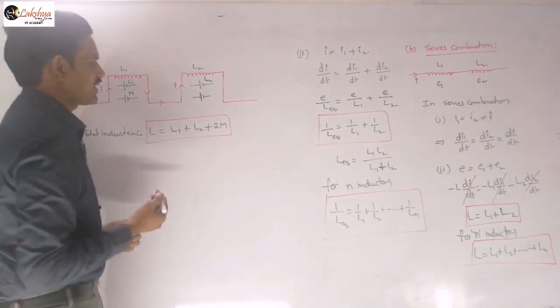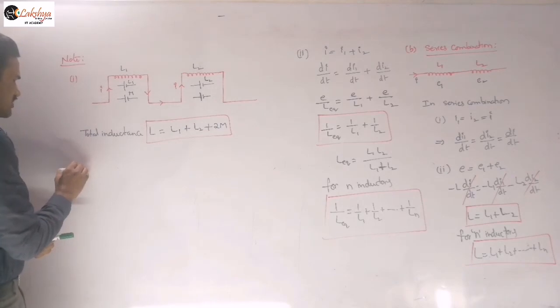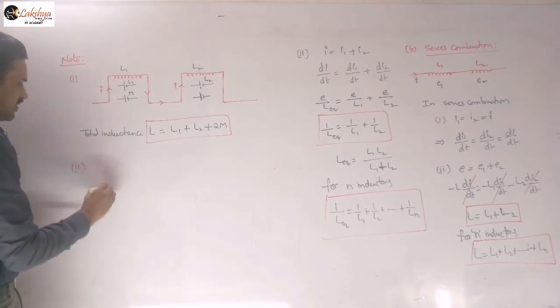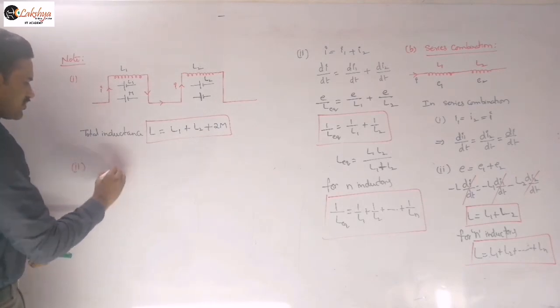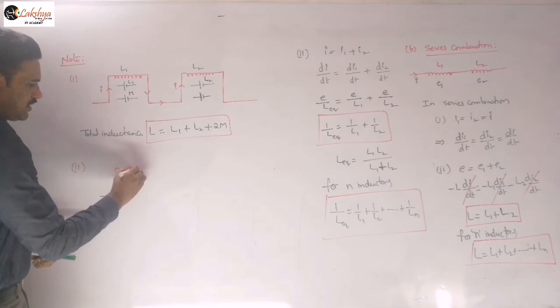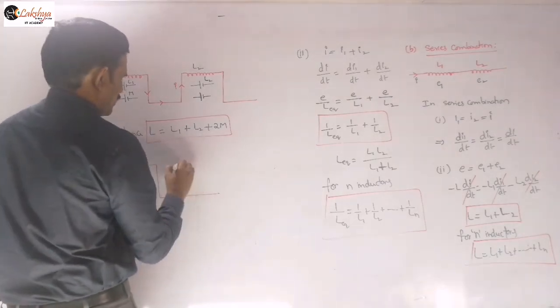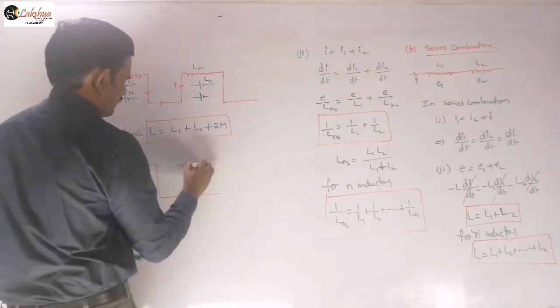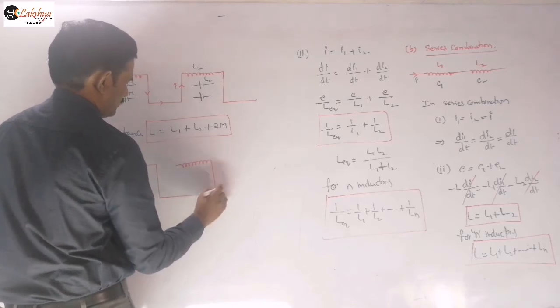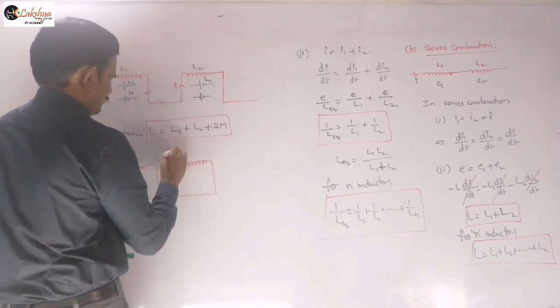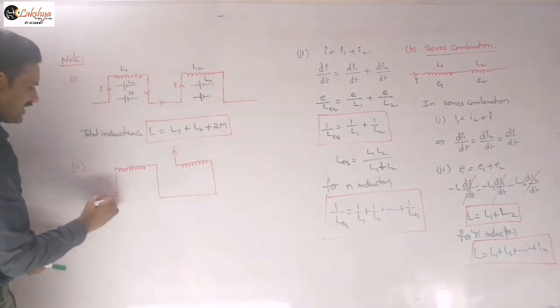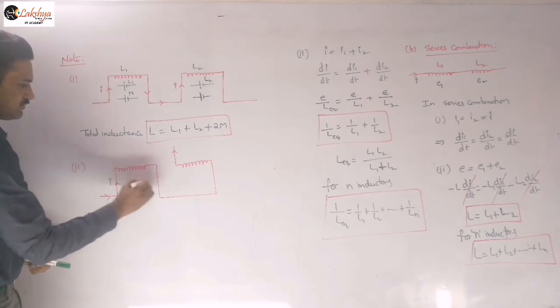If for example current is flowing in opposite direction, if the current in both the coils is in opposite direction, suppose now one coil I am taking like this, then the other coil let us consider like this. Now observe the direction of this current here.